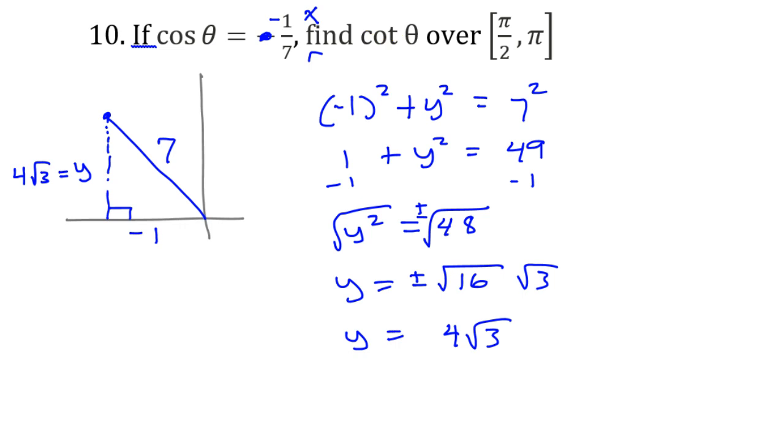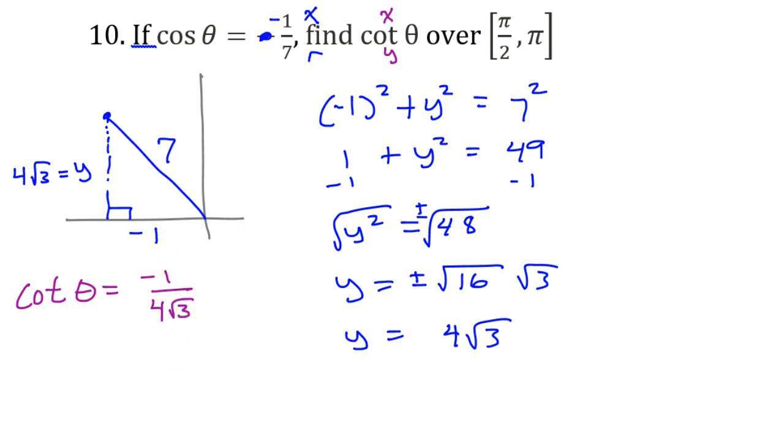So cotangent is x over y, all right, the reciprocal of tangent. So cotangent is going to be x over y.